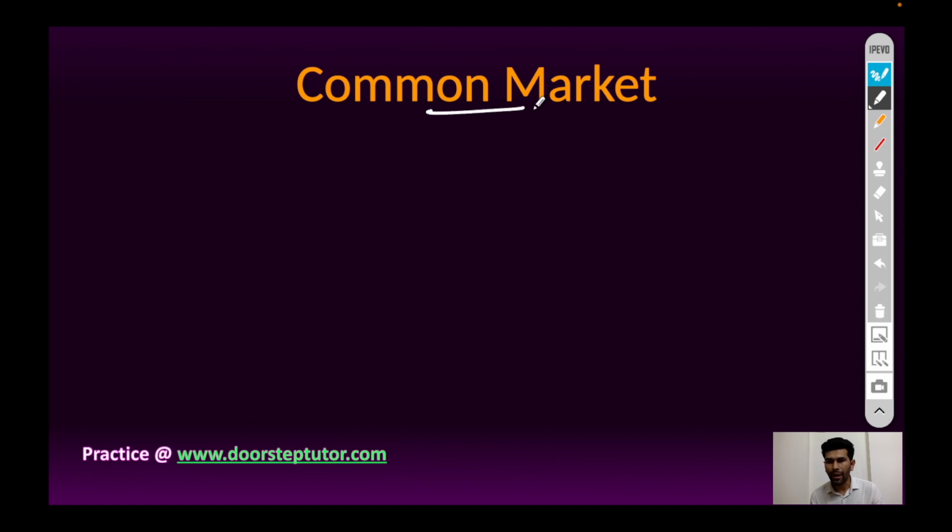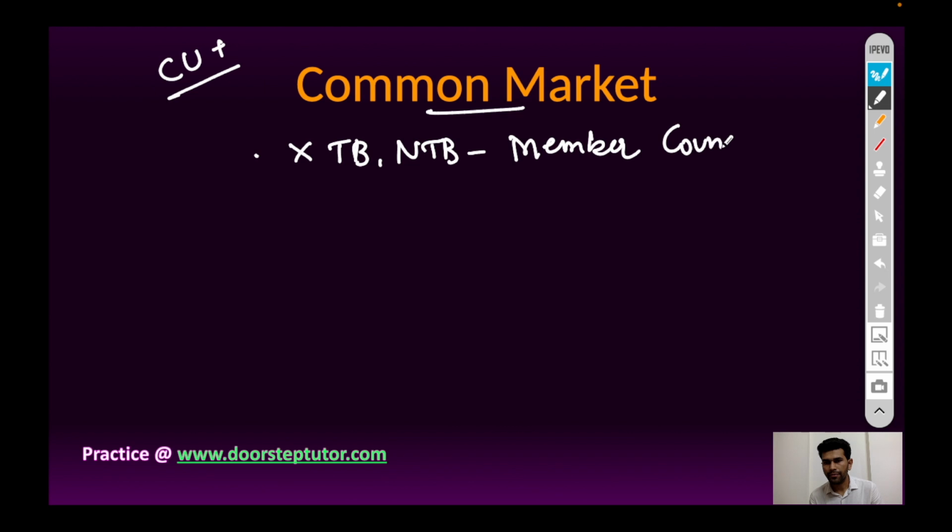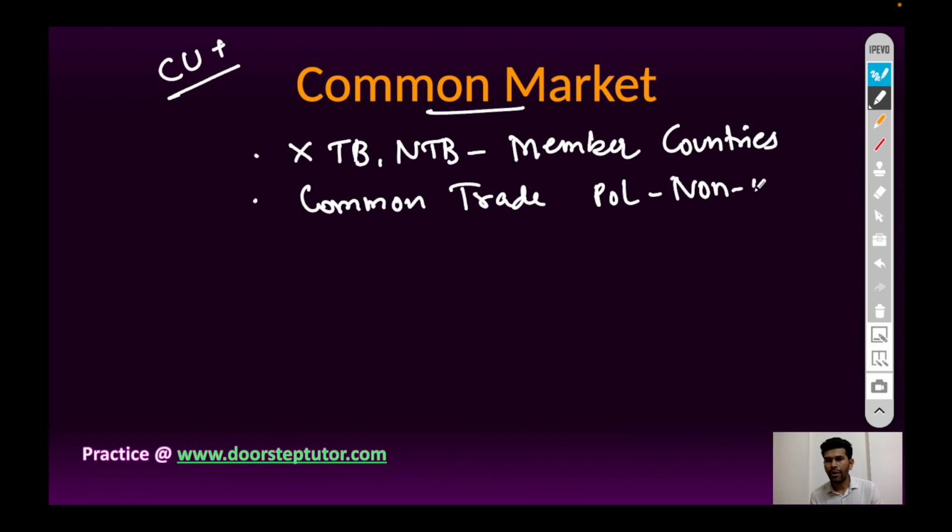Next is common market. It is an extension of customs union wherein there are no tariff barriers and non-tariff barriers among member countries, and a common trade policy for non-member countries.